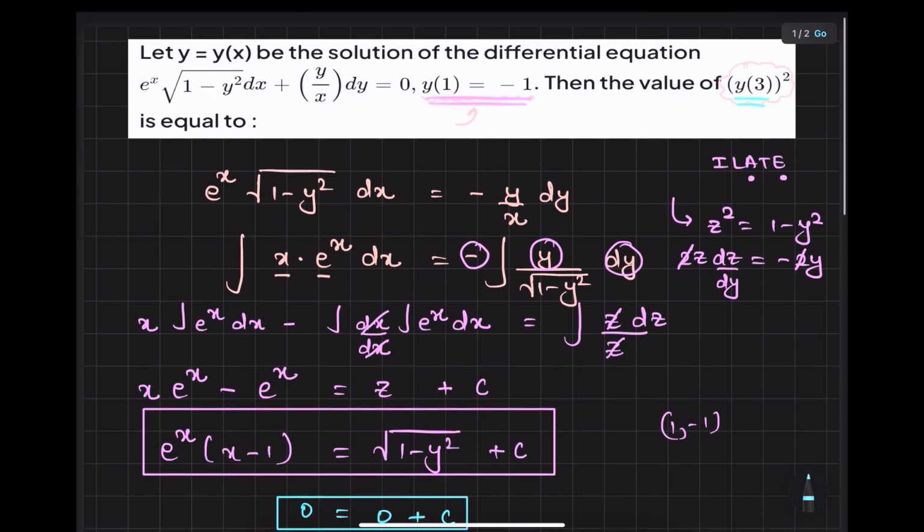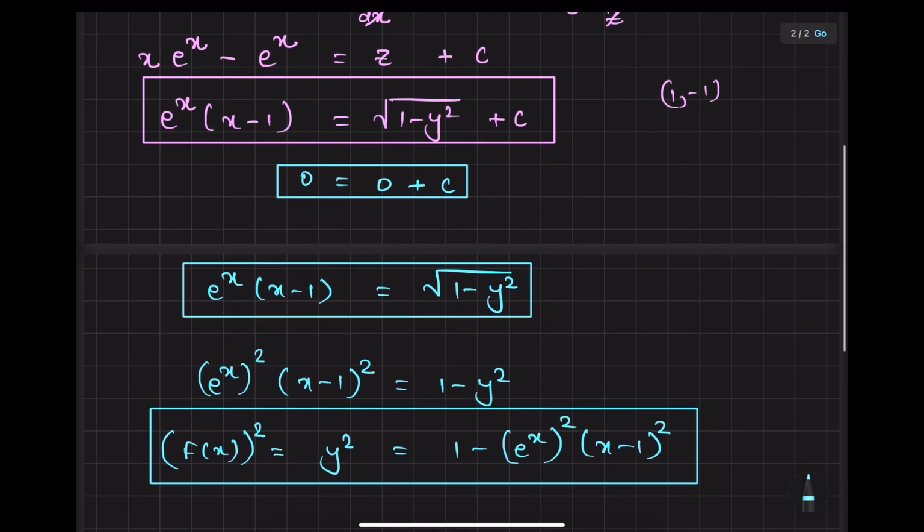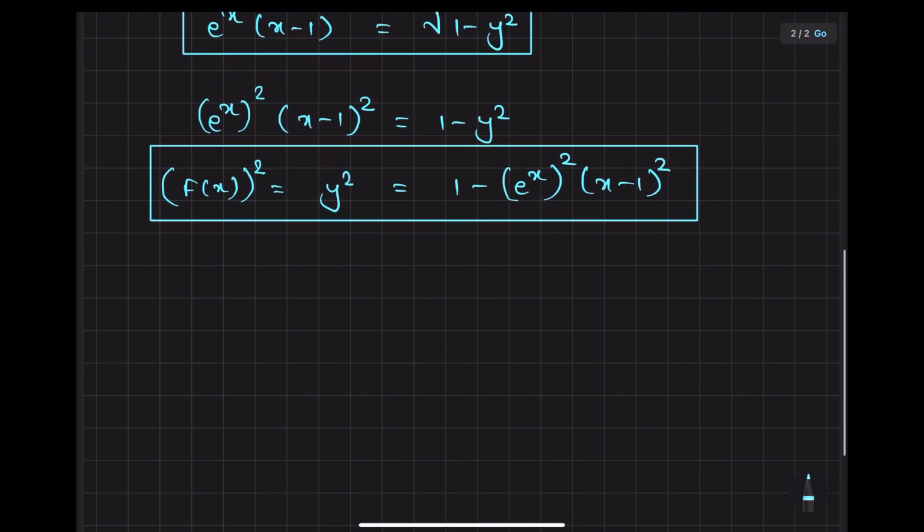Now what we have to do? We have to replace x with 3. Y of x is equal to function f of x. Okay. Now look at this. So we have to replace x with 3. So look at this, what will happen. So we got the required value, means f of 3 whole square is equal to 1 minus e power 3 power 2.